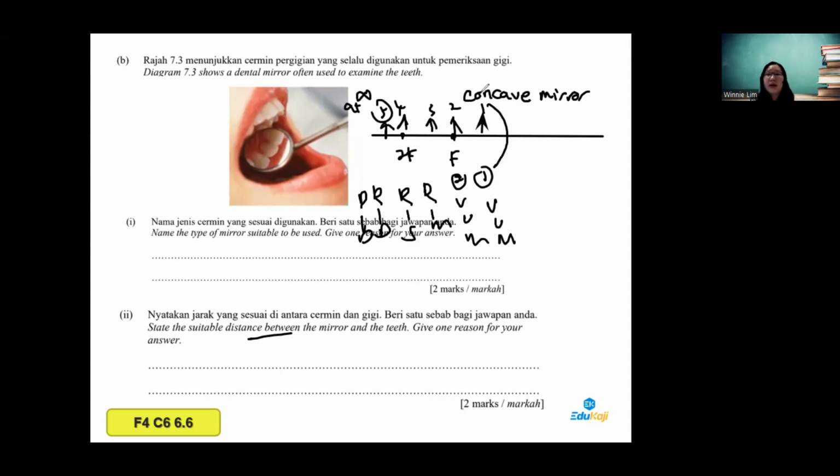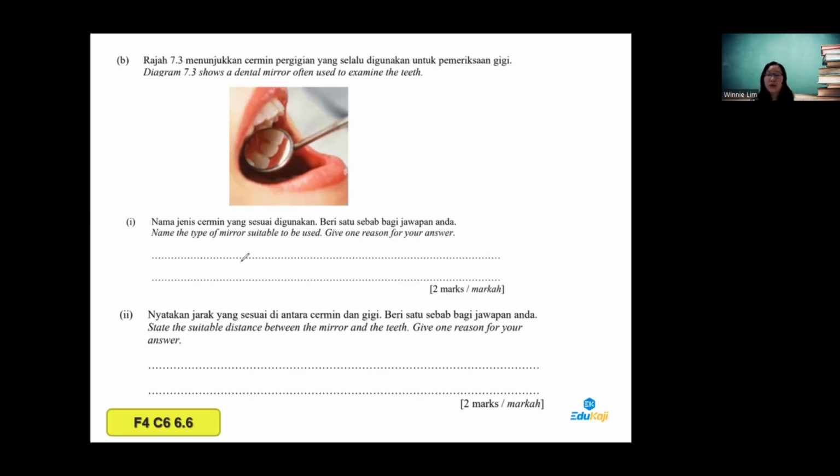Okay, so for this context, because we want it to be upright and somewhat magnified, they have to place the object less than focal length. So for the reason for both, you can just say it can produce a magnified image, because if you use a convex mirror like just now, we just drew the drawing, it is always diminished, right? So for both, you can use either magnified and upright.